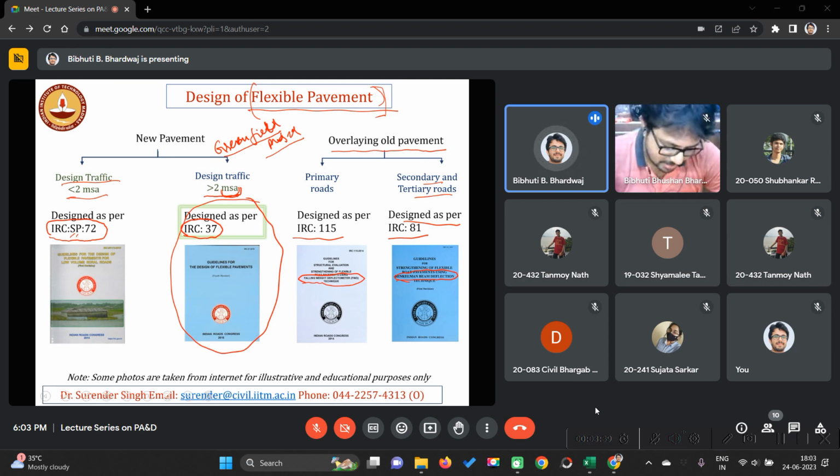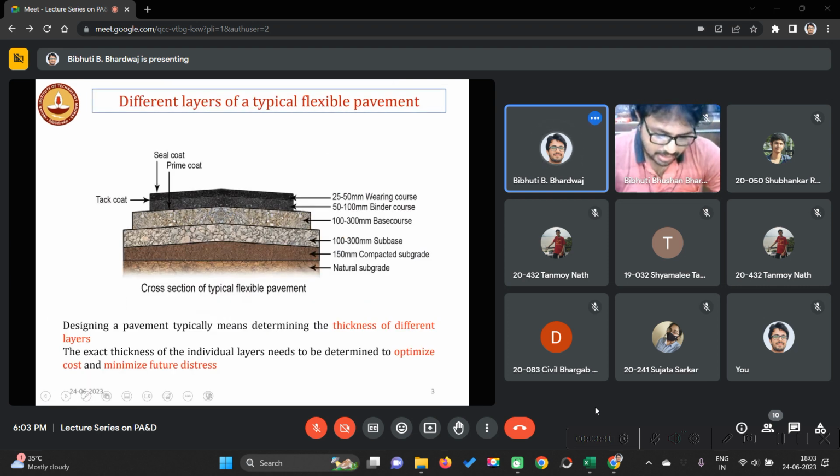IRC 37 in detail. Alright, so you already know all the layers in a flexible pavement. Still, let's quickly recap. The first layer is called the wearing course or surface course, because it is always on the surface, right? Then the second layer is the binder course, and both these layers are bituminous in nature.